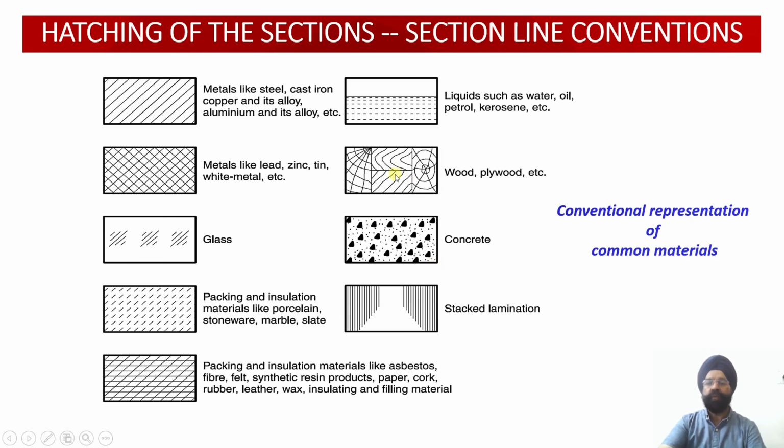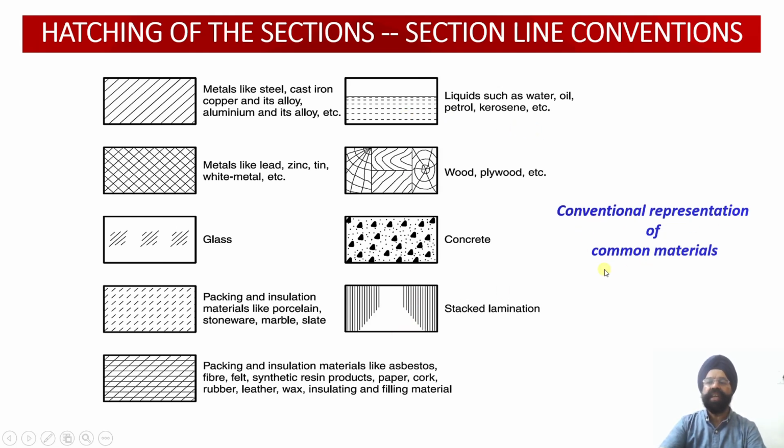Similarly, wood has a fibrous structure, so just to show the fibrous nature of the wood, we have this hatching pattern. Similarly, if we section some sort of liquid tank, just to show the level of the liquid, then for the liquid you can see this is the nature of the hatching. So that is how the nature of sectioning will also change.